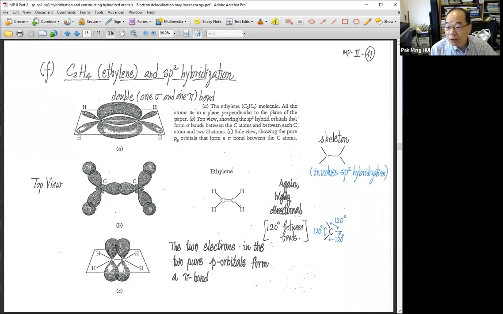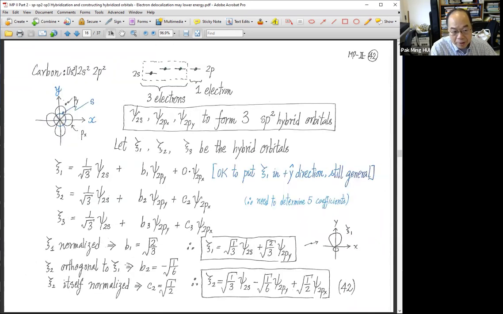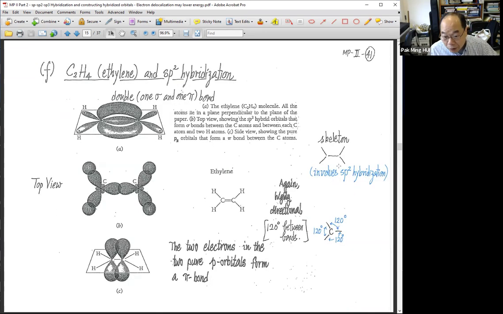Next, we would like to look at the quantum mechanics of this bonding. The first thing we would like to discuss is how the molecule forms this very rigid, strong skeleton. We have a CC in the middle and four H sticking out.